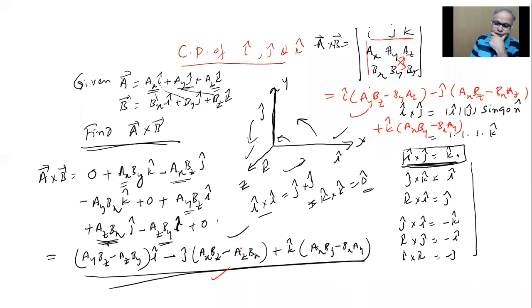Those 4 or 5 examples I'll discuss tomorrow, like we discussed work, instantaneous power, electric flux, things like that from physics. In a similar way, we'll give you 4 or 5 examples based on cross product tomorrow, and we'll work out that assignment as well.